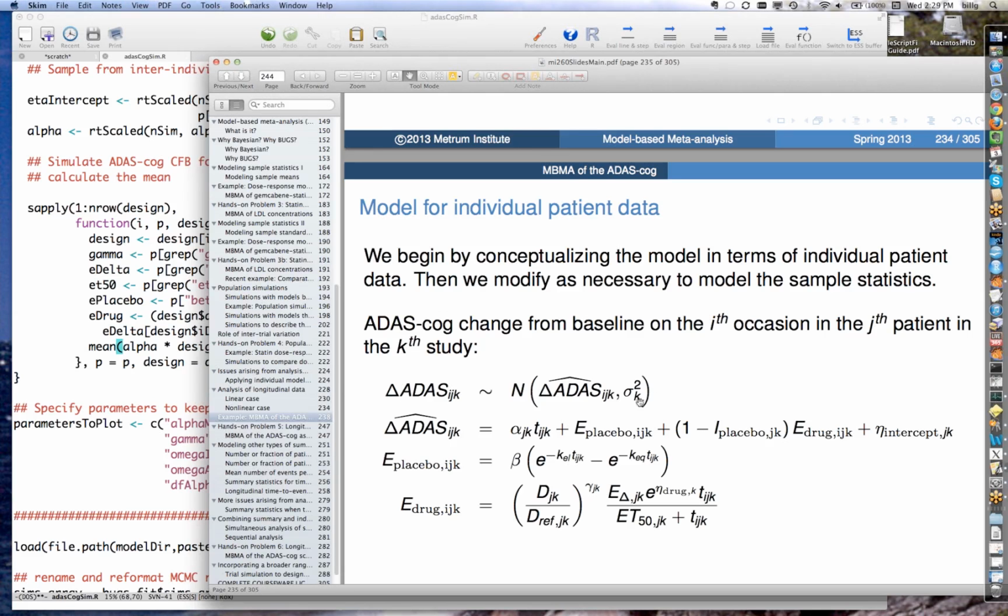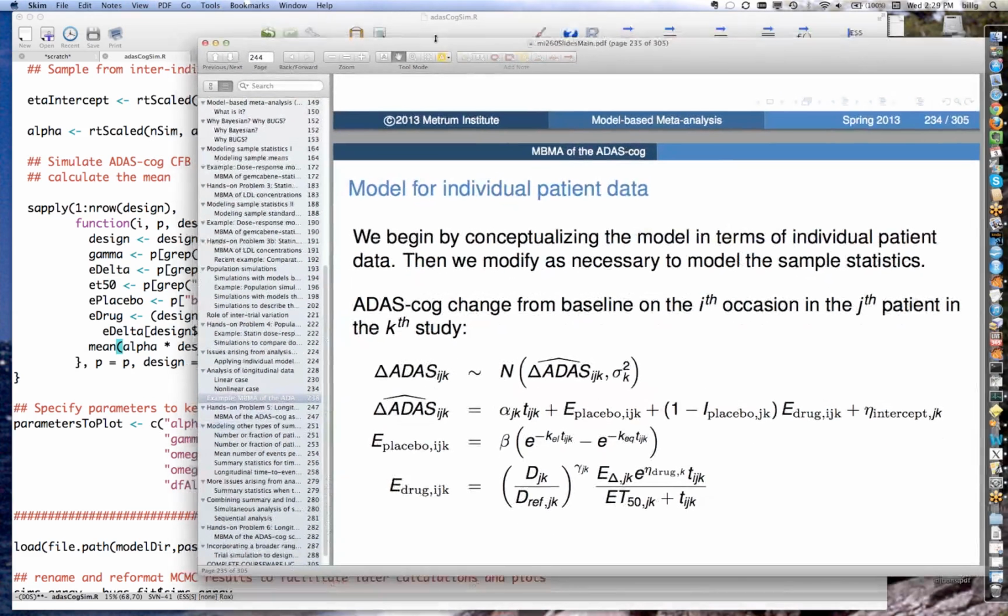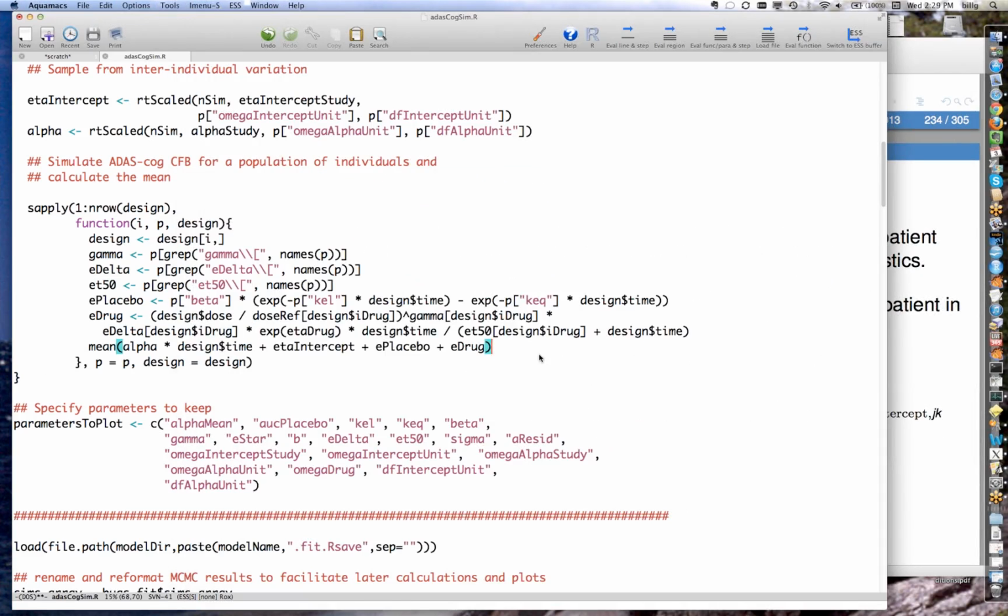Well, of course, the mean of that thing is just this delta ADAS hat term right here. So there's really no reason to introduce the additional calculation of the residual variation. It falls under the heading of it doesn't hurt, at least not much, but it doesn't help either. So we just skip that.